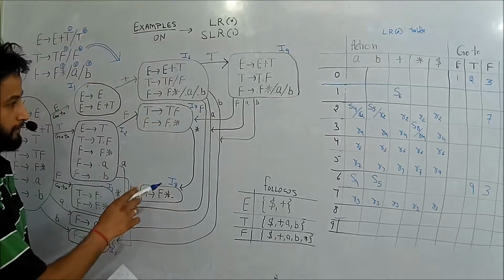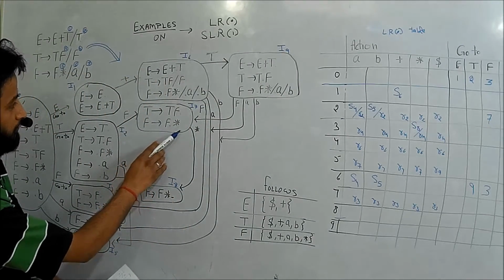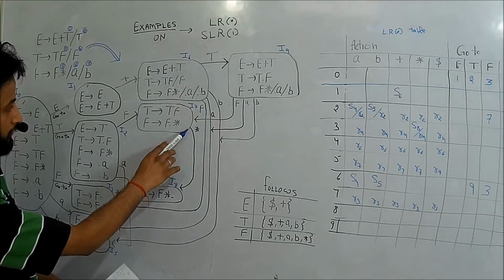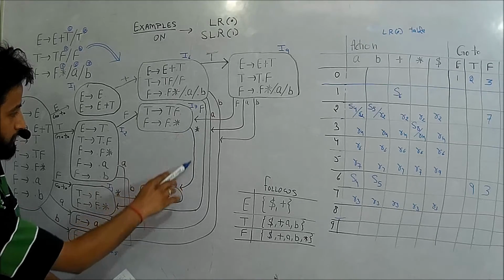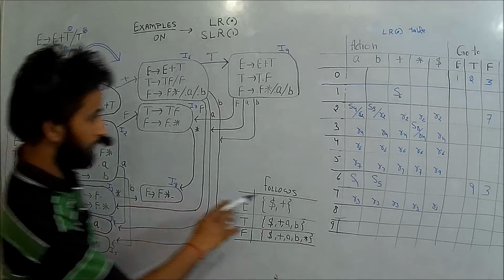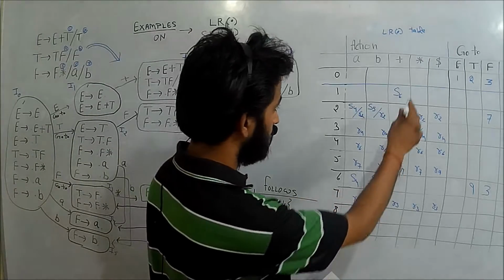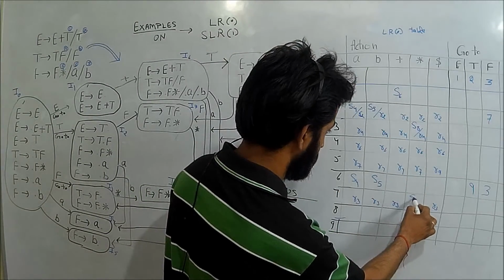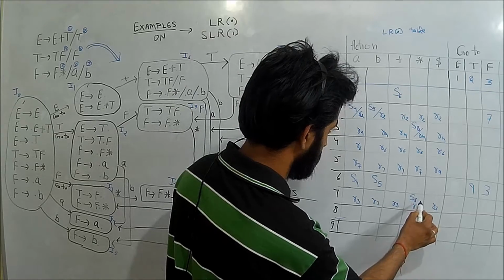Okay, so let us check for the shift move. Shift move is this one. Okay, so shift move for star is for 8. So I will apply the shift move here as 8.